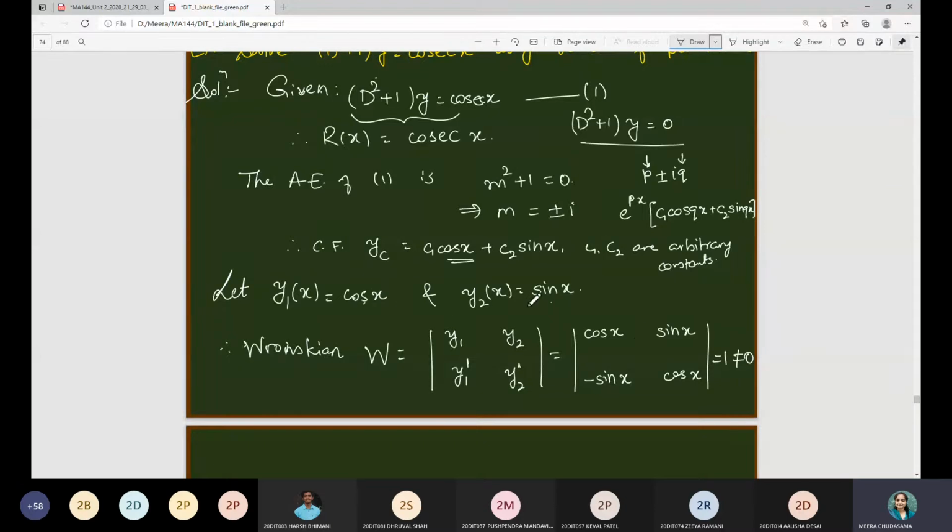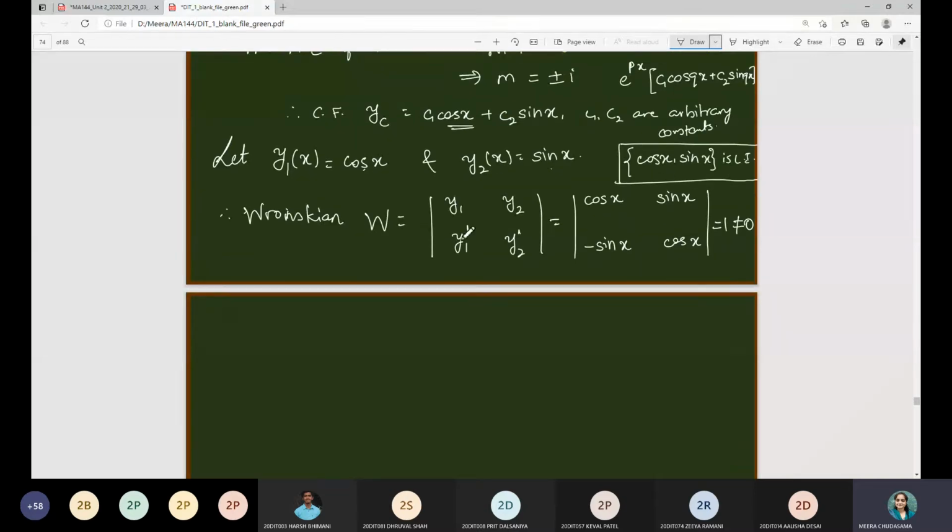This means the two solutions y1 and y2 are linearly independent, right? cos x, sin x are linearly independent. This is just for your knowledge: the functions we take in the solution set should always be linearly independent, so that you can determine from this Wronskian.